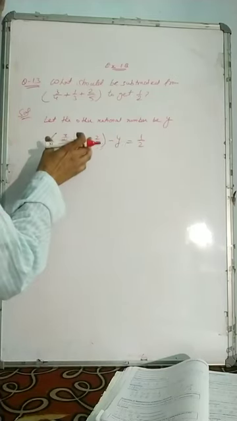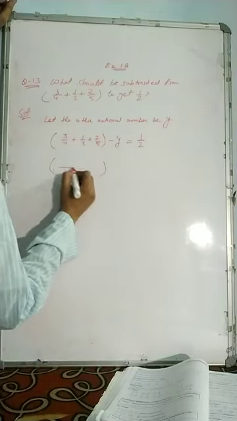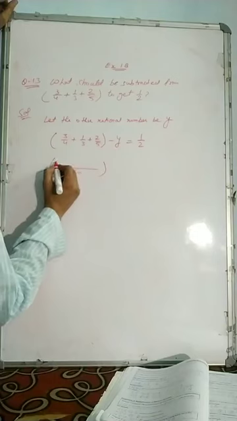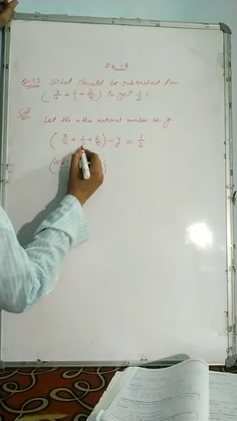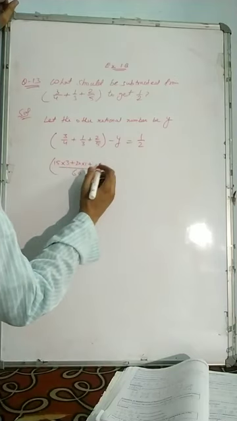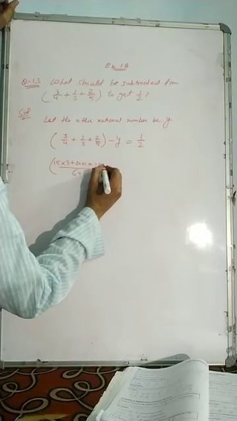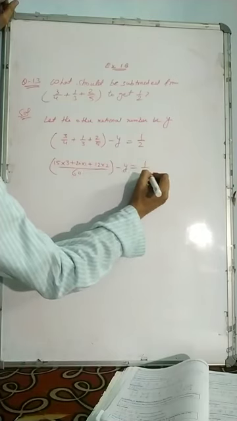Here first of all we will solve the bracket by using the LCM, that is 60. In the table of 4 it will come 15 times, 15 into 3, then 20 into 1, plus 12 into 2, bracket close, minus y equals 1 upon 2.